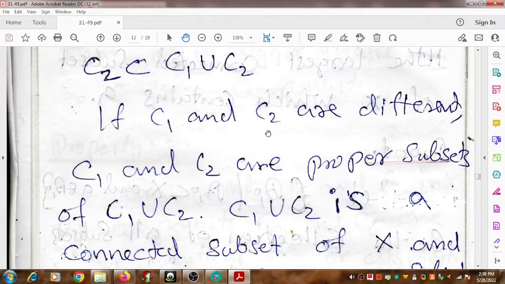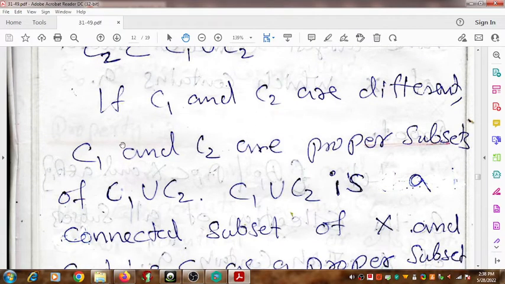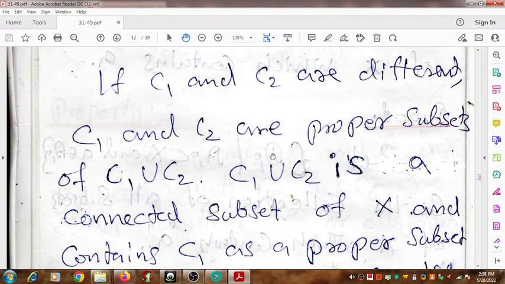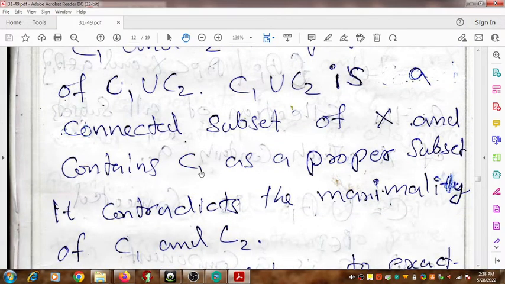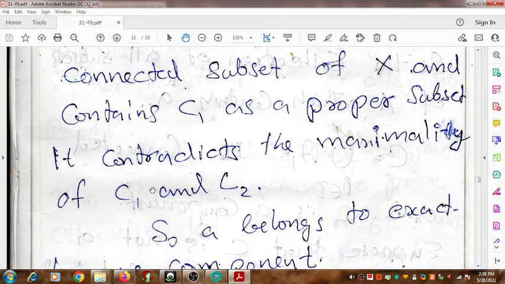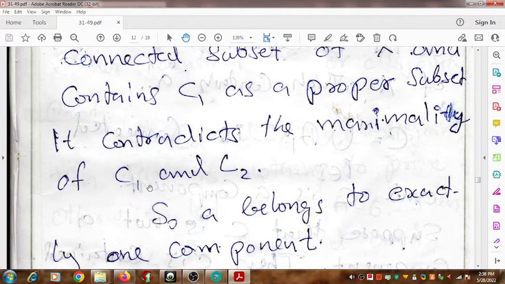So C1 and C2 are proper subsets of C1 union C2. Therefore C1 union C2 is a connected subset of X that contains C1 as a proper subset, so it contradicts the maximality of C1 and C2.